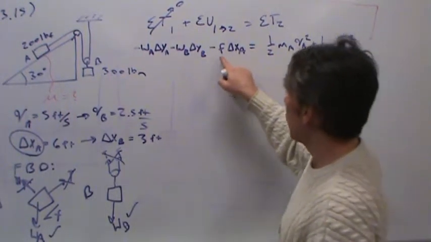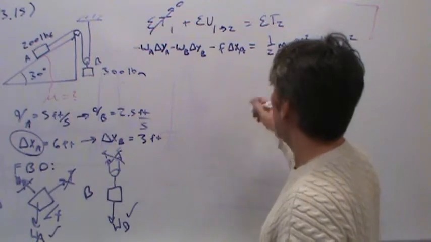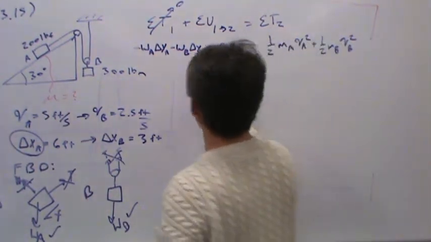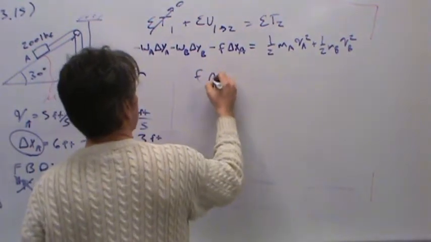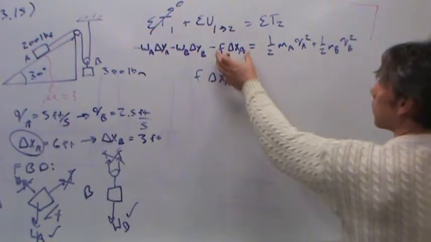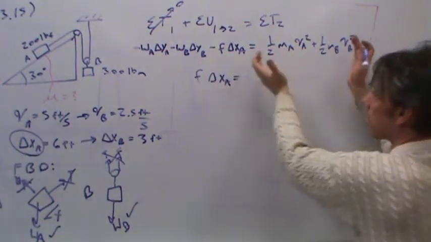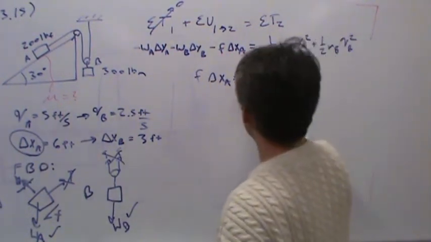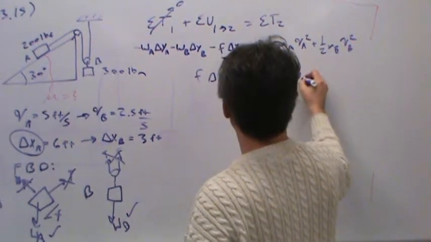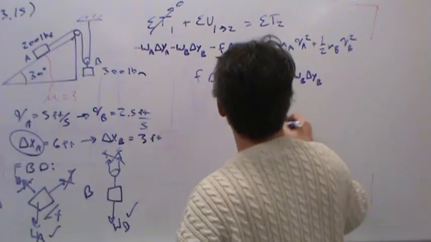Now, the thing that we're looking for is this frictional force F. So instead of moving this to the other side, let's move everything else to the other side. So the frictional force times delta XA, and actually I guess I misspoke. What I'm going to do is move this term to this side, move everything else to the left-hand side. So negative weight A delta YA, negative weight B delta YB.